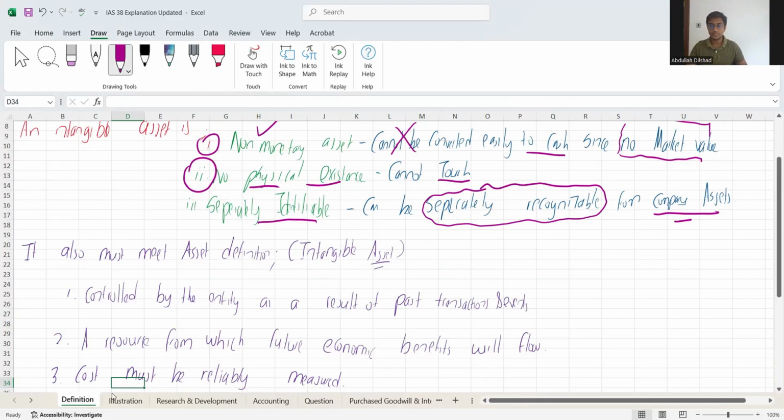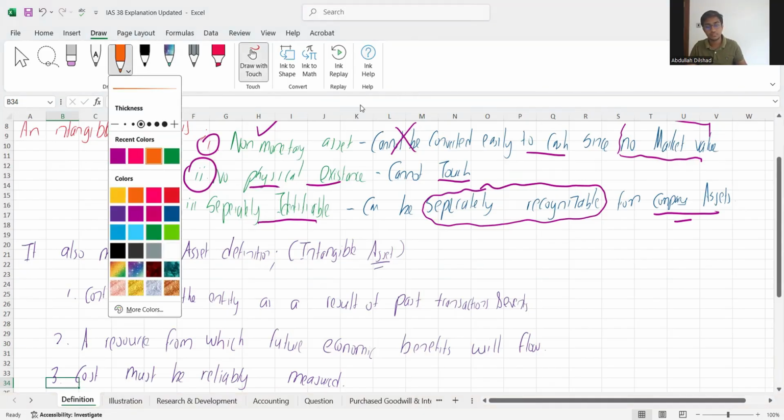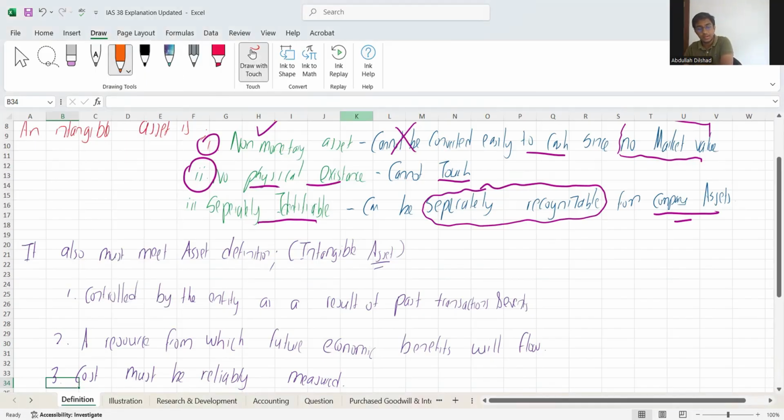Now, those are the three factors that you all need to identify in order to determine whether the asset falls under intangible asset. In addition to that, it must meet the asset definition as well.